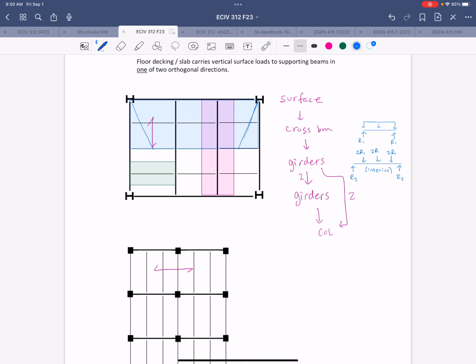And then the next level of girders would be supported by the columns and just have 2 point loads with magnitude of R2.